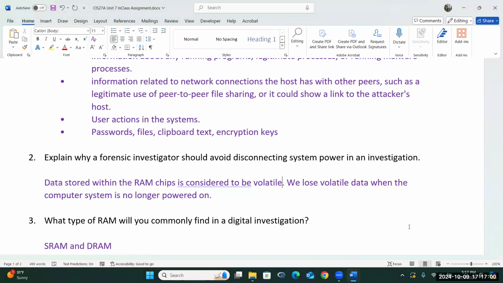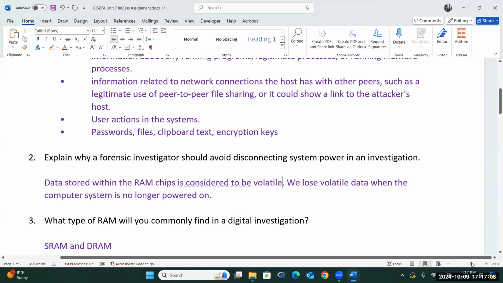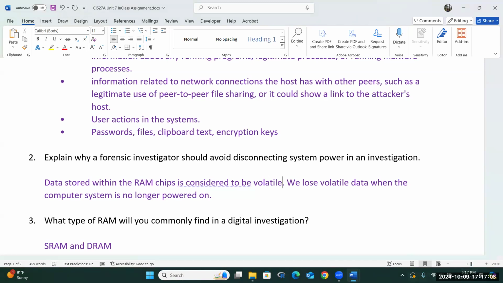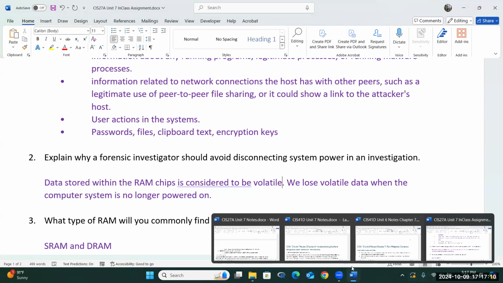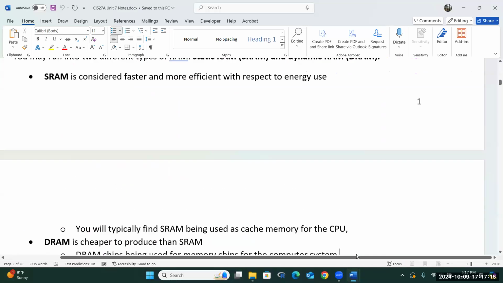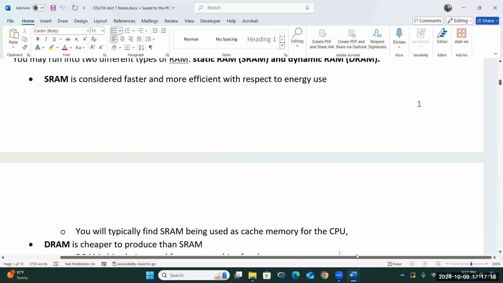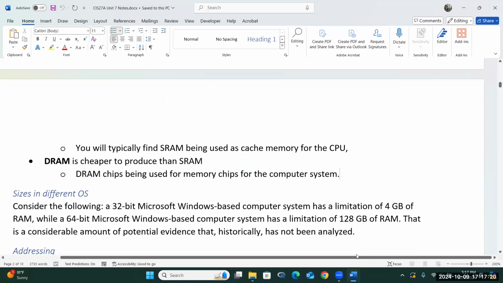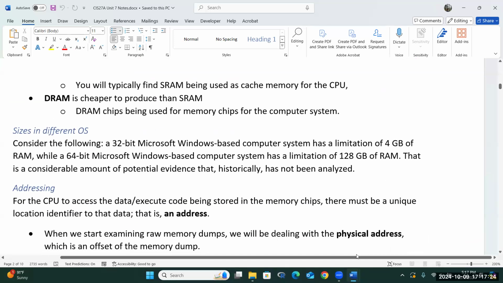Any questions? Okay, again, all of this information you can find from our notes. Your SRAM and your DRAM, that's starting from page 1 going into the top of page 2.